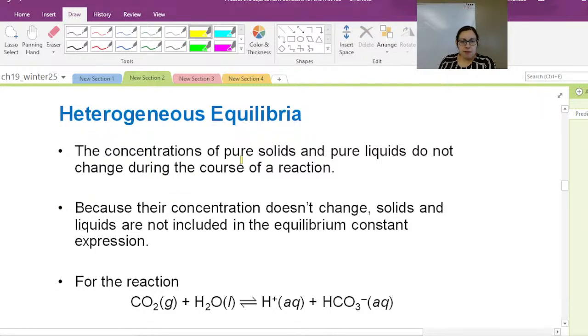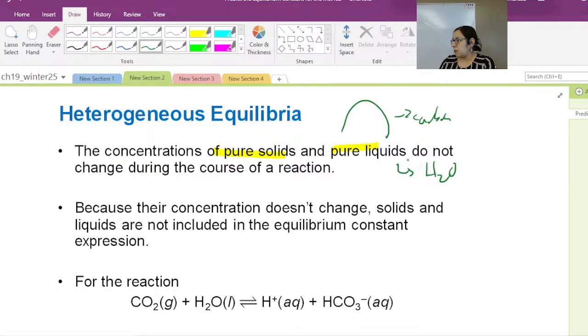If we have pure solids or pure liquids, then their overall concentration is not going to change. Let's say you have a pile of carbon; that would not be part of your equilibrium expression. Pure liquids too: we'll have H2O involved a lot in these acid-base reactions, but you're going to find that it's not part of our equilibrium expression since it's all in water.